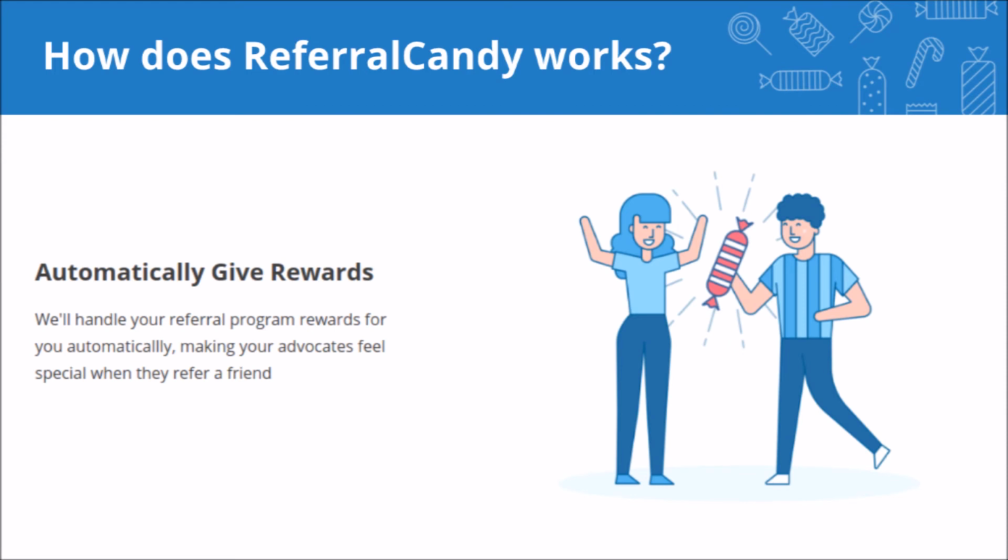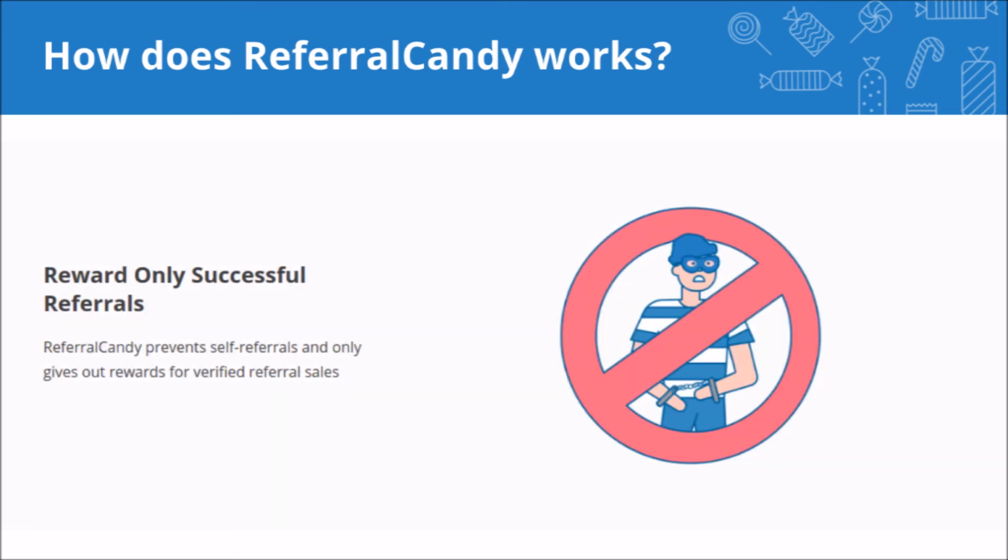And then once they make a purchase at the store, we can track those transactions, and we send out the rewards automatically to both your existing customer and the new one. And you're probably wondering, well, what happens if there's a fraudulent transaction?